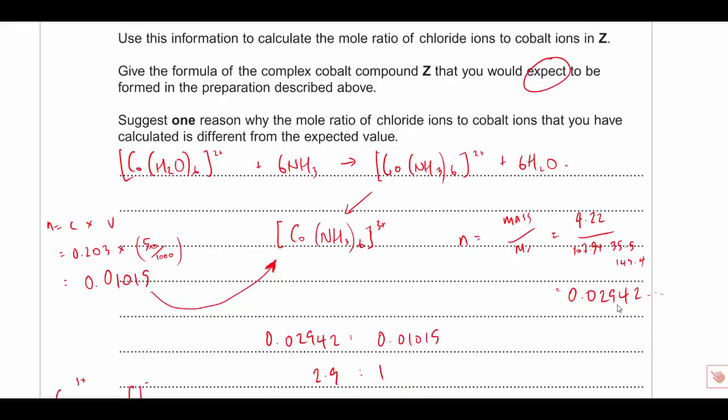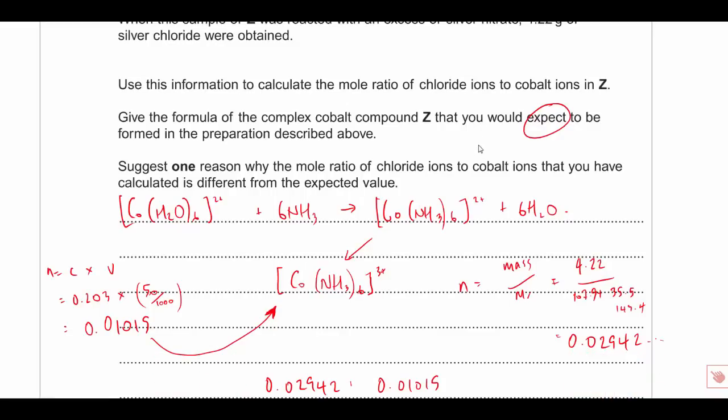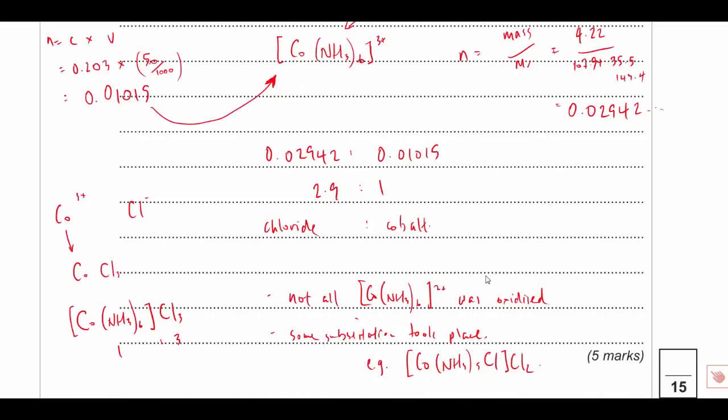We can work out the moles of silver chloride, which is also the moles of chloride ions from the data given. We can then do a ratio easily. We can give a formula of the complex we would expect reasonably easily, and then suggest one reason. Well, there we go. Oxidation was incomplete. So there you go. I hope that's been of some help.